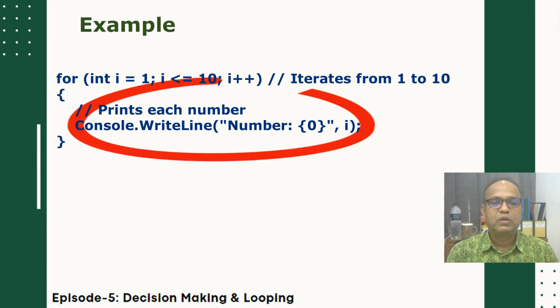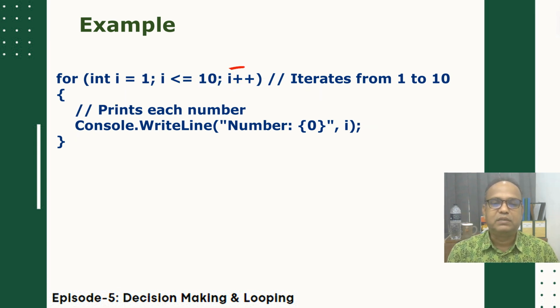Code block: Console.WriteLine("Number: {0}", i) prints the current value of i. Increment: i++ increments i by 1 after each iteration. Loop repeats: steps 2 to 4 repeat until the condition i <= 10 becomes false, when i reaches 11.